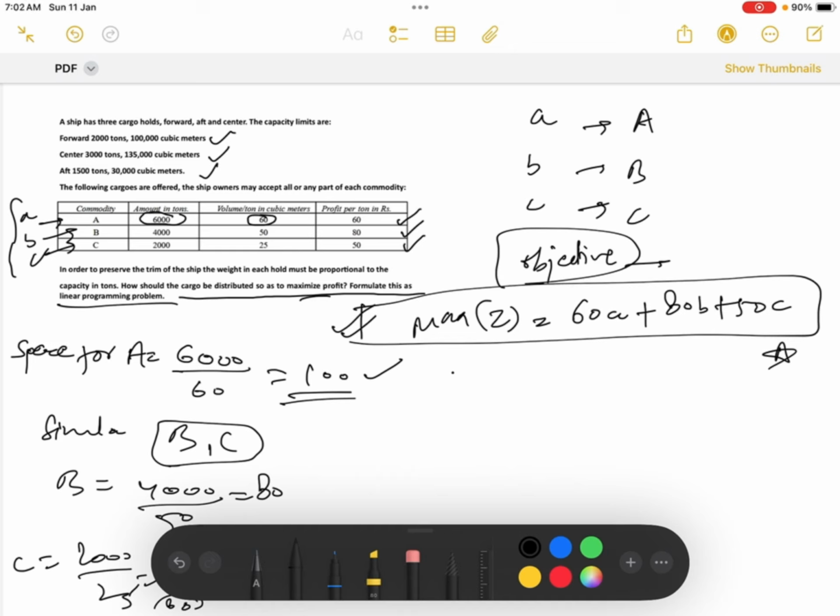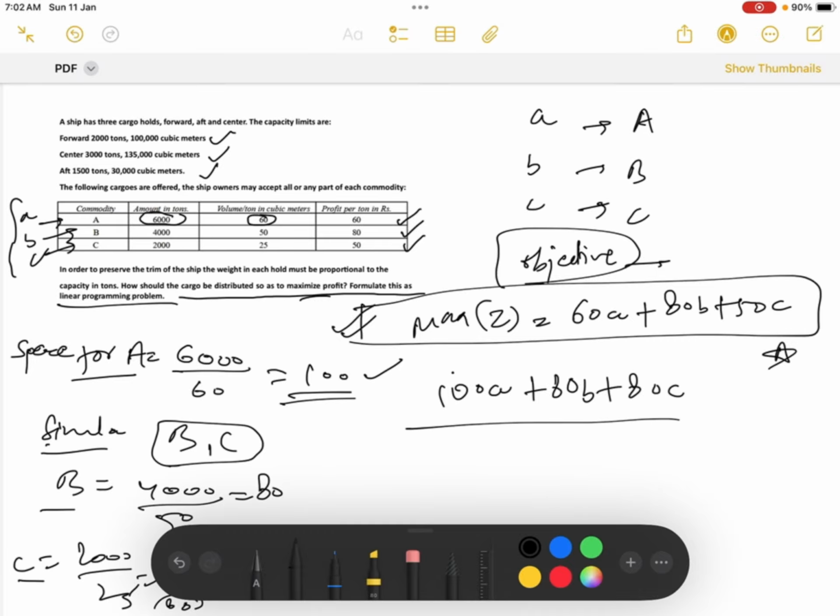So now the space we have written. So space for A is 100, so for A, B and C we have taken 100A plus 80B plus 80C.